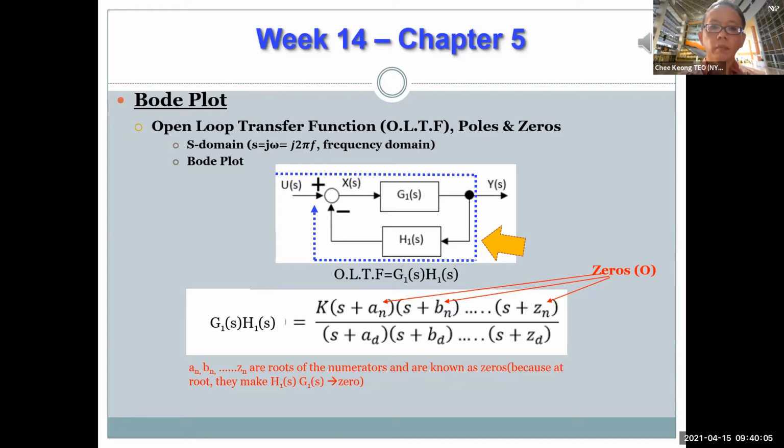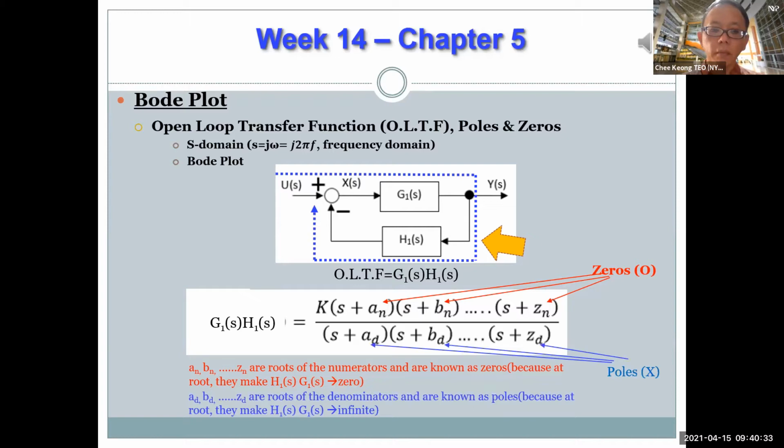They are zeros because when S equals any of the roots, G1(S)H1(S) becomes 0. Take for example S equals minus Bn: then the S plus Bn term becomes 0, and when that happens, G1(S)H1(S) becomes 0. Hence we call the roots of the numerator zeros.